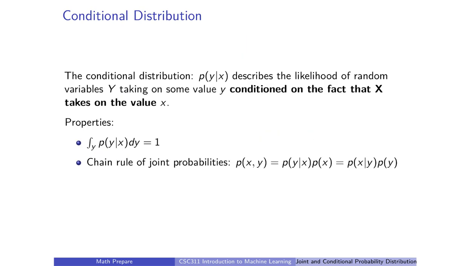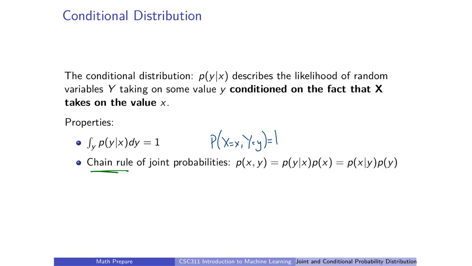Conditional probability distribution also has a property called the chain rule, unrelated to the one in calculus that we'll see very soon. This chain rule says that the probability that x is equal to some value and y is equal to some value can be obtained in a few ways.